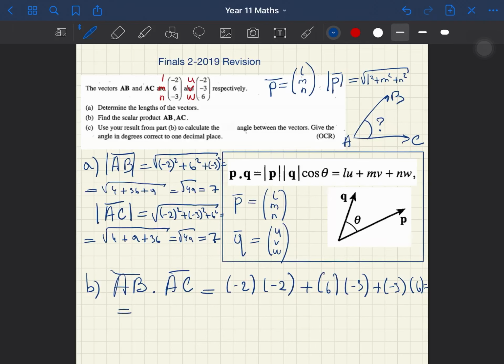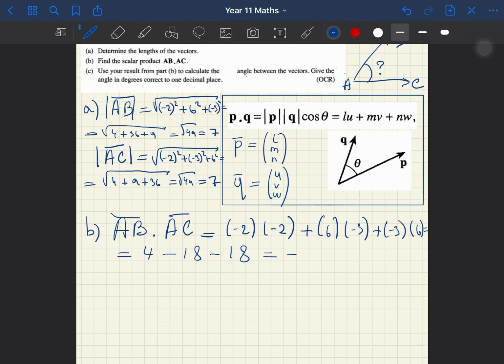Which is 4 minus 18 minus 18, which is equal to negative 32.